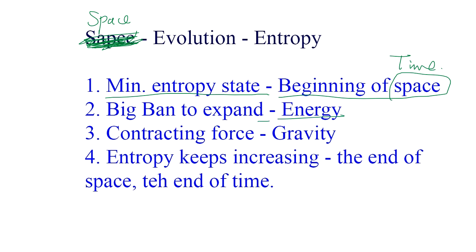So what happened is at this stage, the contradicting factors are energy and gravity, and even though there is gravity to combine everything, the energy was so big, so it had a tremendous expansion, the Big Bang. But the contracting force exists after space cools off and more material is created.